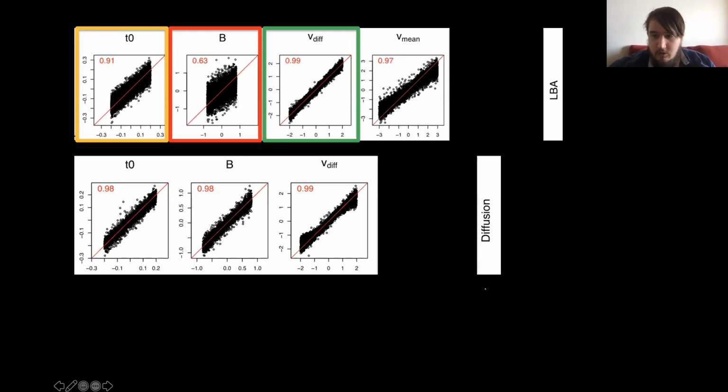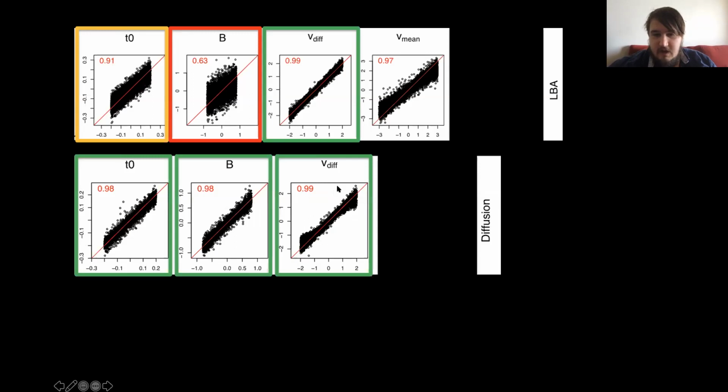However, the simple diffusion model is essentially the golden child, the gold standard of what we want to see of recovery, right? We get essentially excellent VDIF recovery, so the drift rate, in the diffusion model. We get excellent threshold recovery and excellent non-decision time recovery.